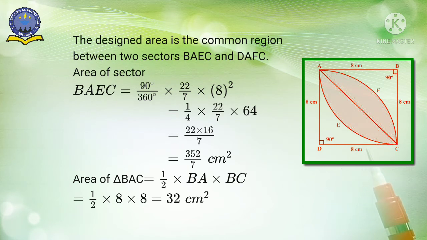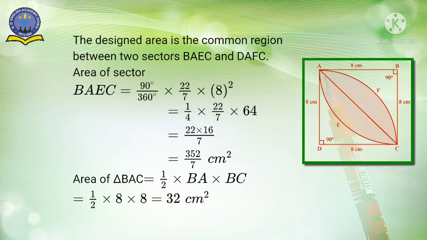Calculating, 1 by 4 into 22 by 7 into 64, which ultimately gives 22 into 16 by 7. Finally we get 352 by 7 centimeter square, and this is the area of the sector.